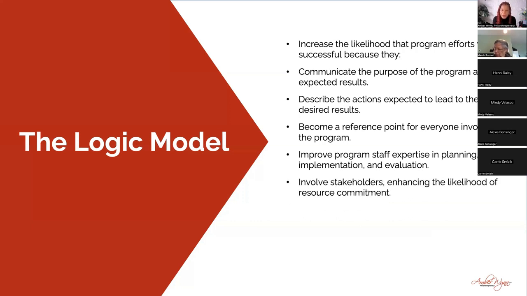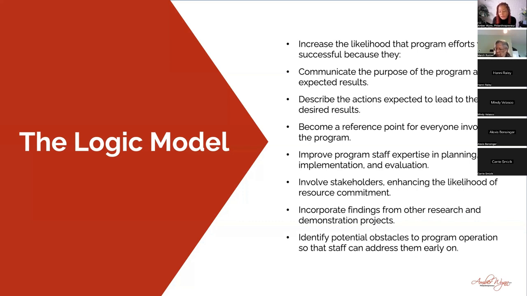As I said before, if it involves stakeholders, it enhances the likelihood of resource commitment because it's already allocated, it's there in black and white. And you can use findings from other research and demonstration projects to help strengthen what you're doing. It can identify potential obstacles to program operations so that staff can address them early on.